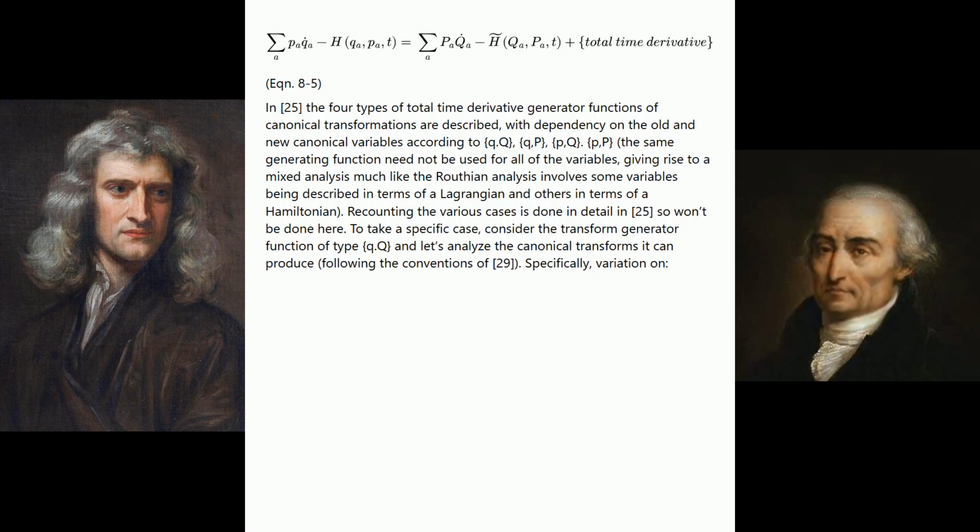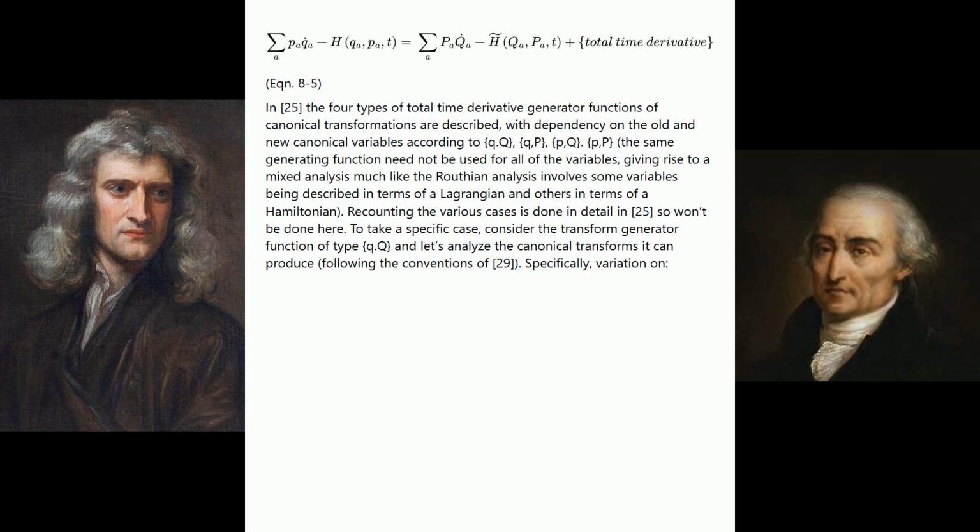The same generating function need not be used for all of the variables, giving rise to a mixed analysis much like the Routhian analysis, which involves some variables being described in terms of a Lagrangian and others in terms of a Hamiltonian. Recounting the various cases is done in detail in reference 25, so won't be done here.